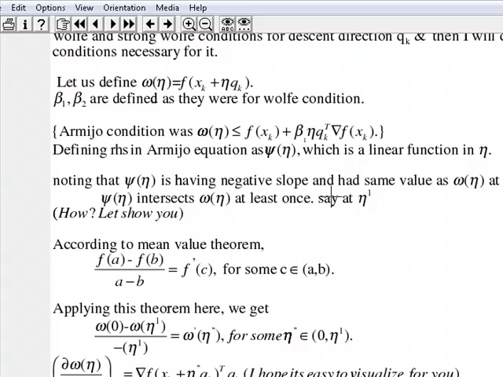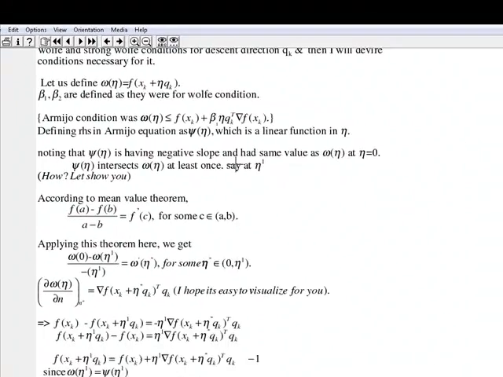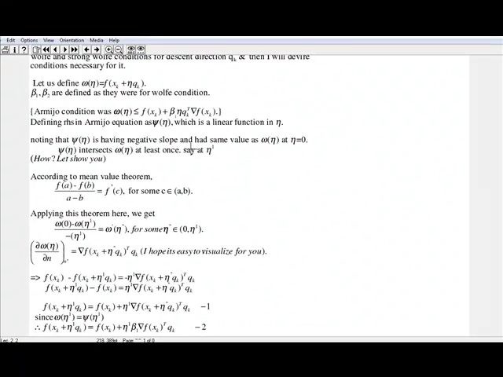We already proved that omega of eta and xi of eta intersect at eta equal to 0. Now as q is our descent direction, the value of our objective function should decrease in the direction of q. It cannot increase in this direction, since we are making sure that it is a descent direction. So it's obvious that our function omega of eta should decrease.